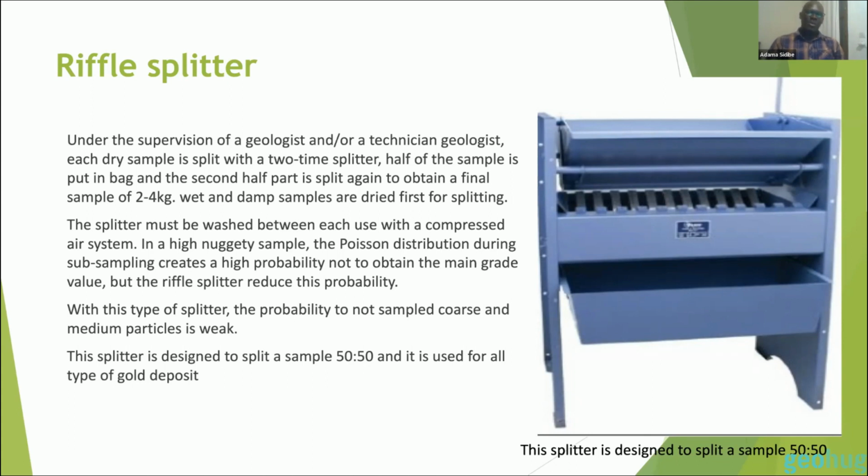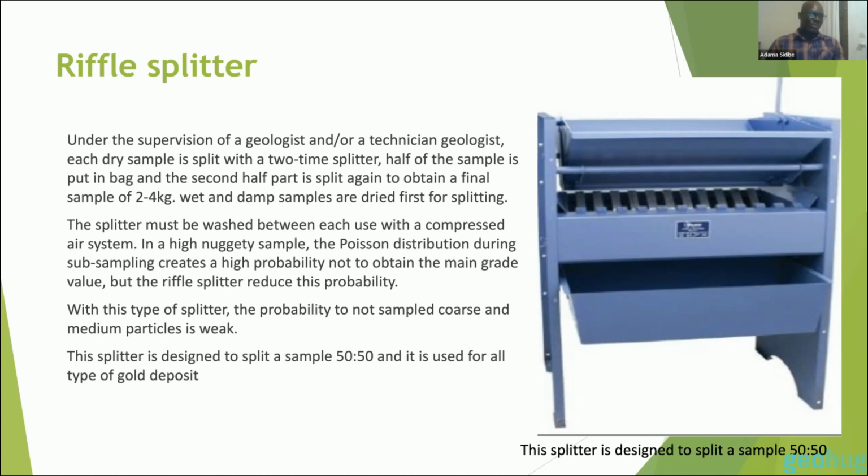The half sample is put in the bag as a reject, and the second half is split again until we obtain the final sample between 2 and 4 kilograms. Do not split a wet or damp sample. Wet and damp samples are dried first for splitting in this type of splitter. The splitter must be washed between each with compressor air.